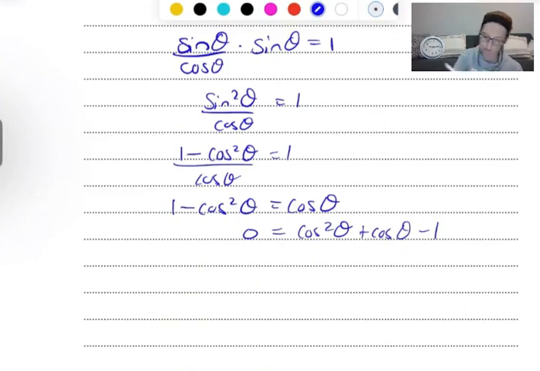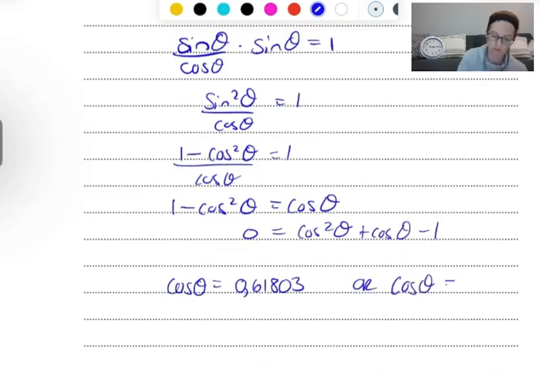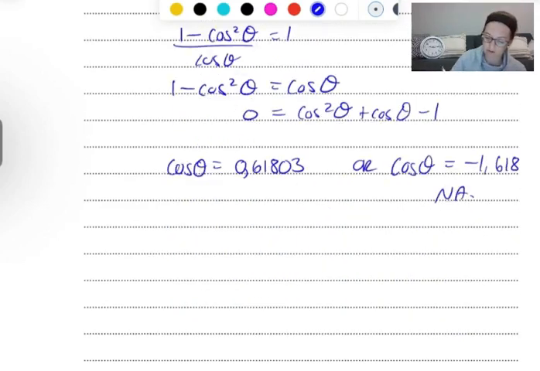Okay, I'm not. So put your quadratic equation in. Your answer is cos theta is equal to 0.61803 or cos theta is equal to minus 1.618.